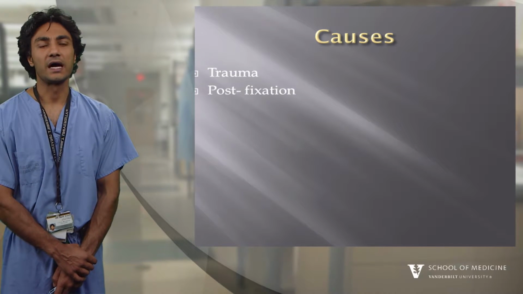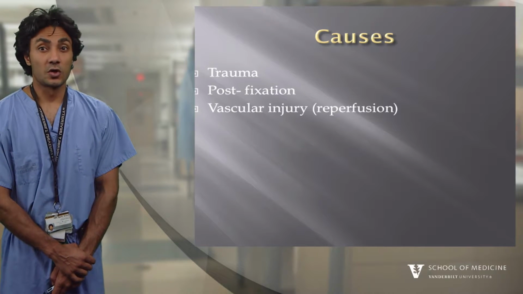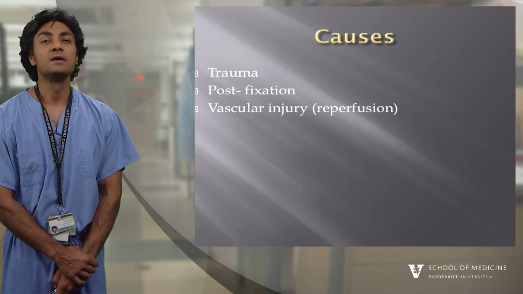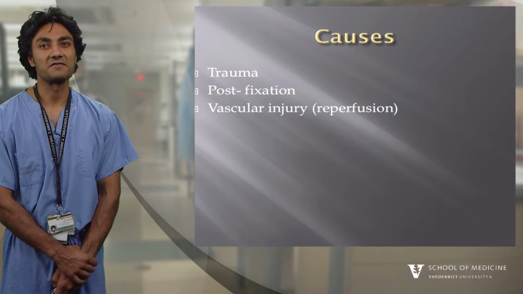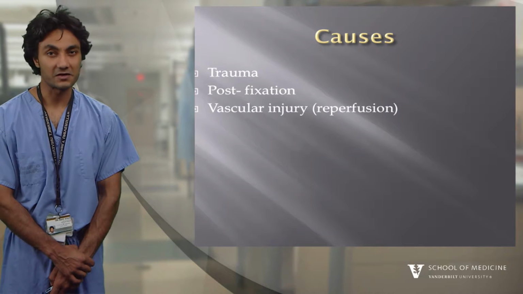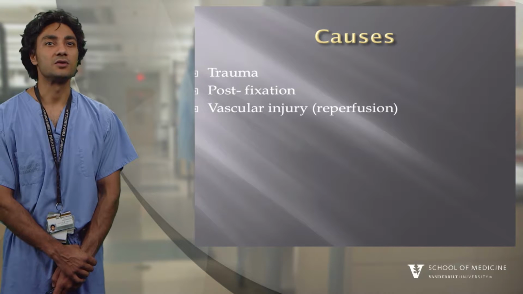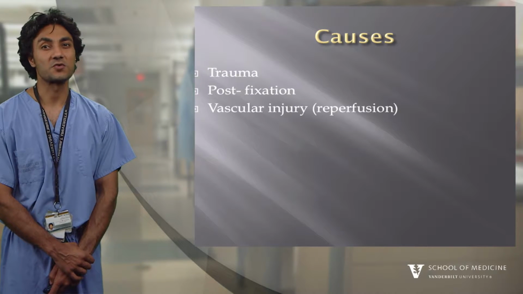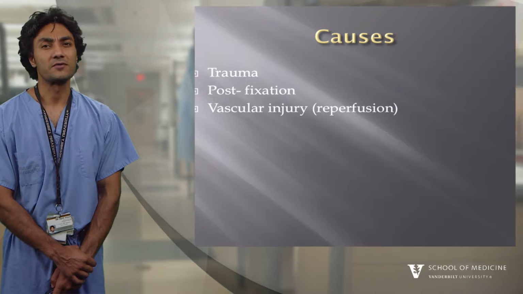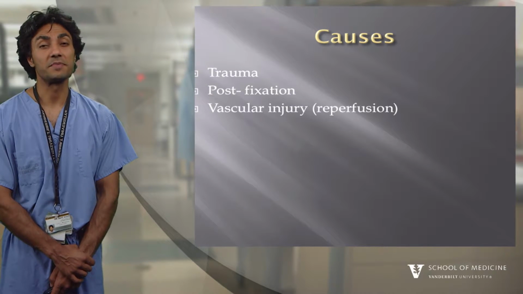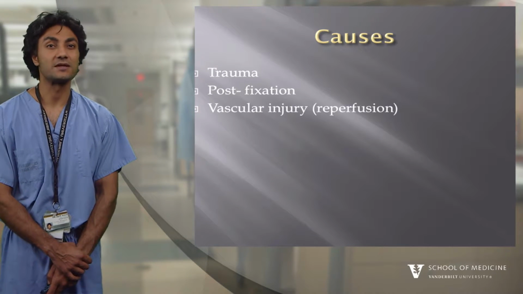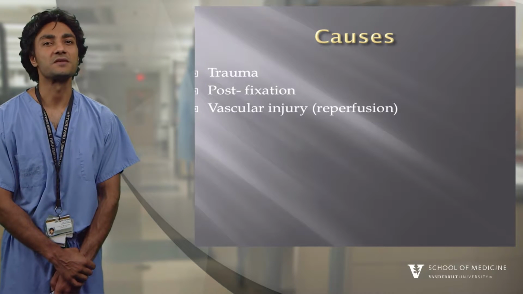Vascular injury. If there's been some sort of clamping of the aorta and the lower extremities have been deprived of oxygen for a while, and then all of a sudden the aorta is unclamped after a AAA repair, for example, you then can risk reperfusion injury, which is massive free radical oxygen going around damaging tissue, particularly the basement membrane in and around blood vessels, leading to extreme extravasation and edema, which can then lead to compartment syndrome in and of itself.